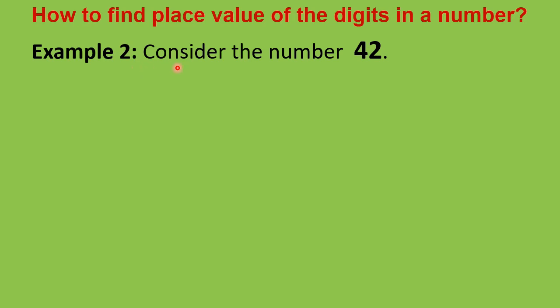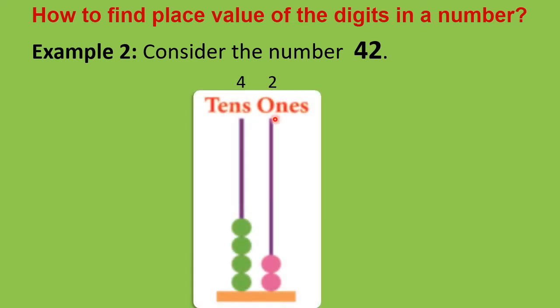Example 2. Consider the number 42. 42 is a 2-digit number formed by the digits 4 and 2. Now let us represent these on an abacus. So we make use of the 2 rods on the abacus, and the rod towards our right is called ones place rod, and the rod towards our left is called tens place rod.